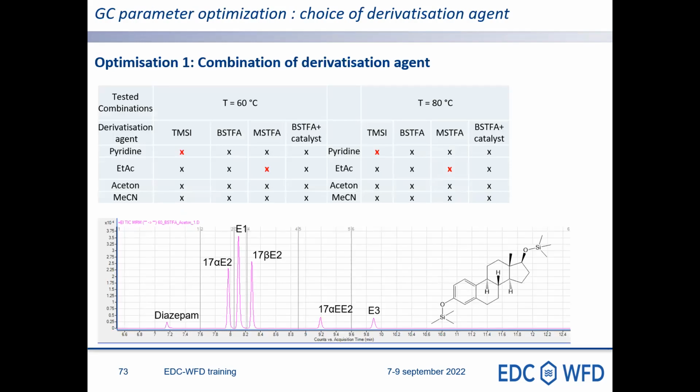We first tested different derivatization agents, all based on the acylation of the compounds, also with different combinations with solvents at lower and higher temperature. The responses were then normalized using diazepam, which is the compound that does not need to be derivatized.